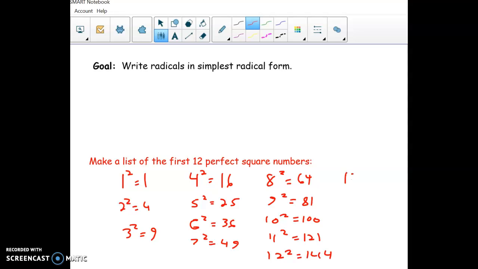And then I think 13 squared might come up. I probably should have had you put that one on there. So 13 squared is 169. Make reference to these. I'm not going to go back to them in the video. Hopefully you have them in your notes to use when trying these practice questions.